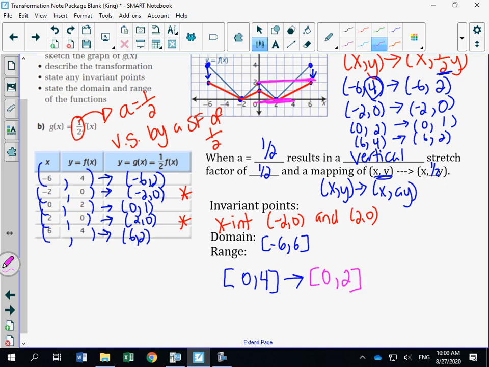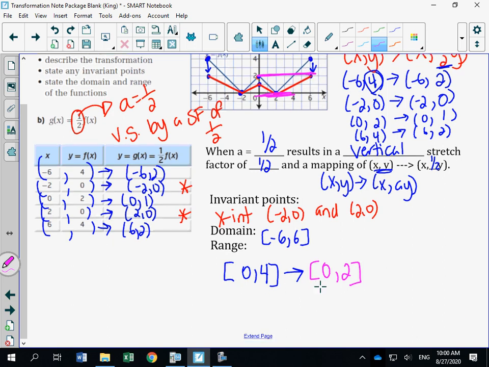So vertical stretch affects the y values, it affects the range on your graph. And what's happening to these y coordinates is they're being multiplied by that a value. So 0 times 1/2 is just 0, but 4 times 1/2 is 2. Okay?